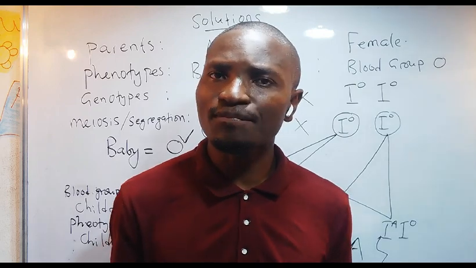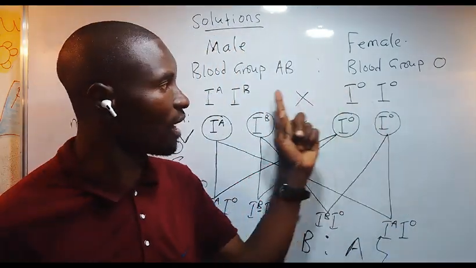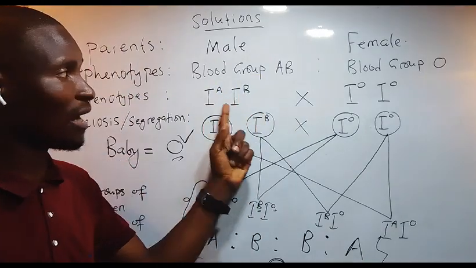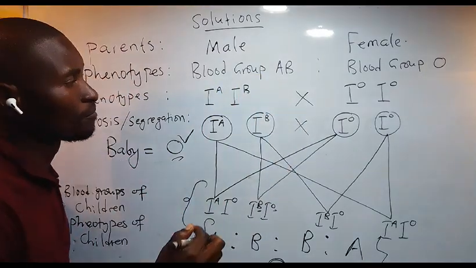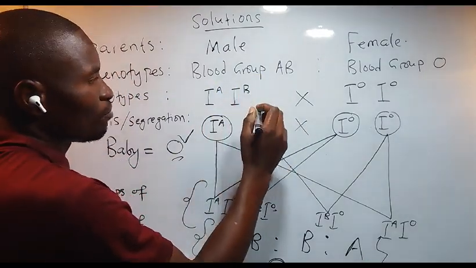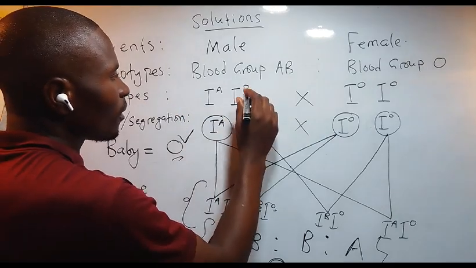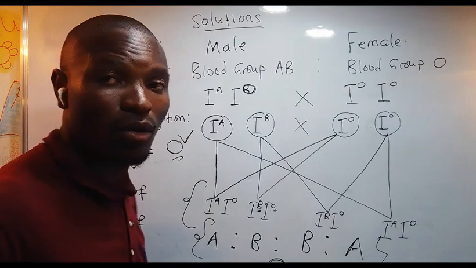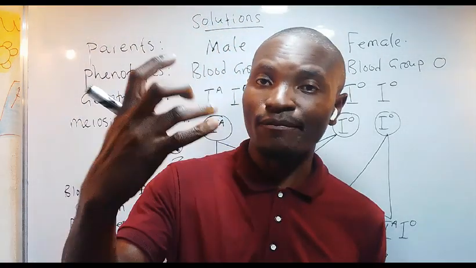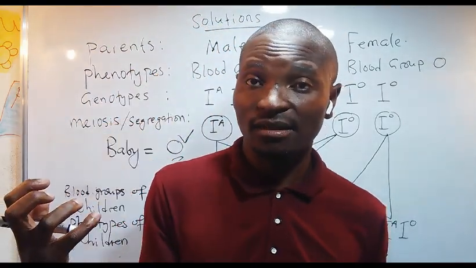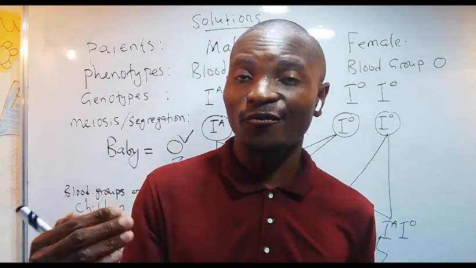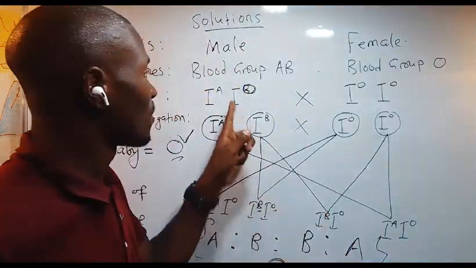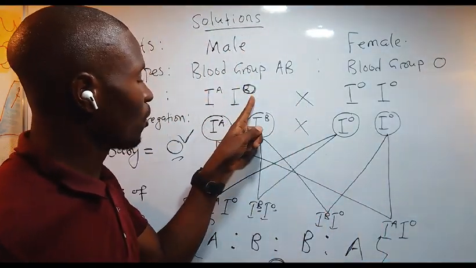So this simply means that we have to go back and check the combination of blood group for the father. So the father could be in blood group AO, because I said that O can be received by anything. So we can have two possibilities. Okay, so you can have A, O.